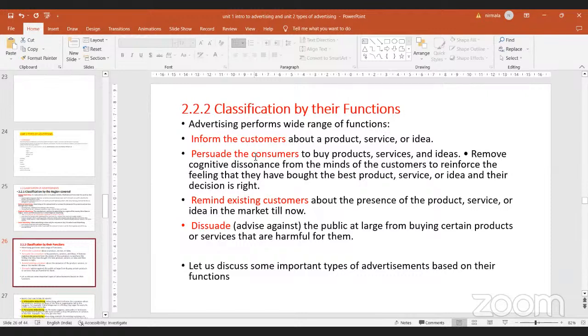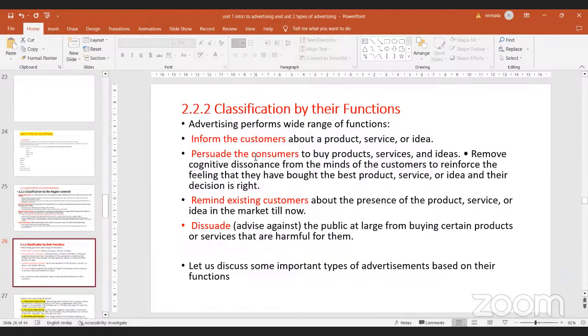Or if a new service is offered by a company, then you go for advertising, informing the consumers about what purpose the product serves or what kind of services a company will be providing to its customers. It can also be an idea, like in the previous class I said, there are new innovations coming into the market, and the society can also be an idea or a practice also.